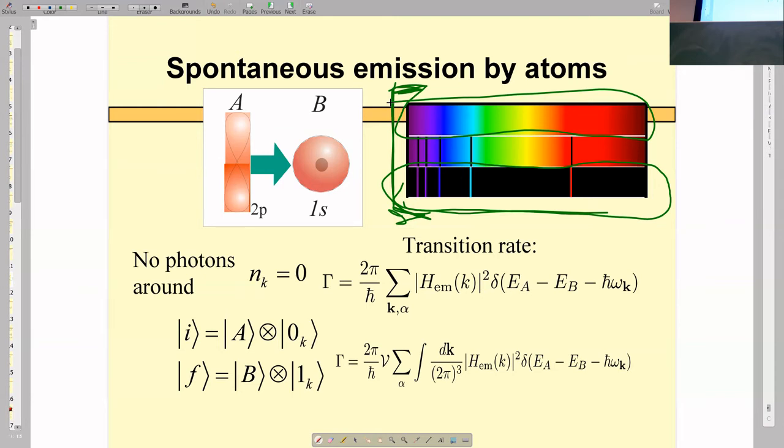Moreover, let me make it more fascinating. If you look carefully at the spectrum, which perhaps gives you a clue, you see black lines, which correspond to the emission spectrum of atoms.